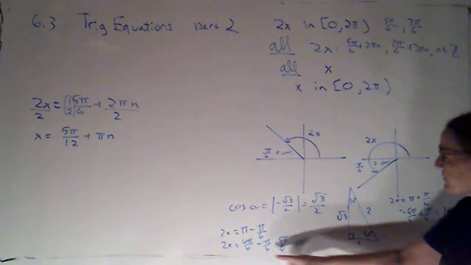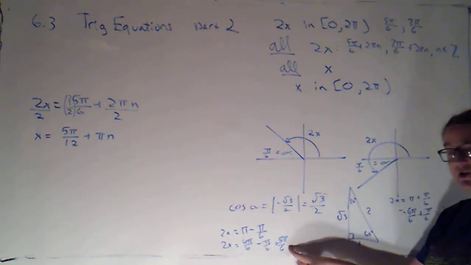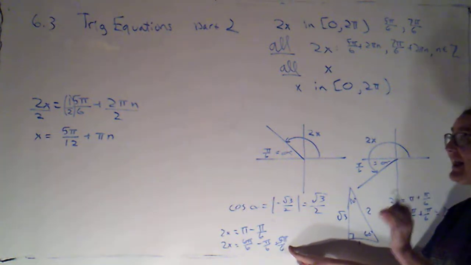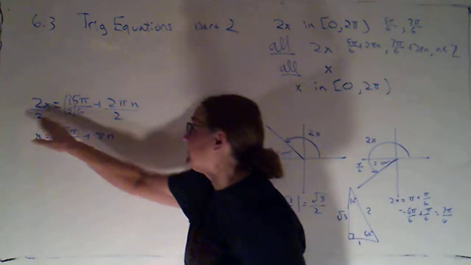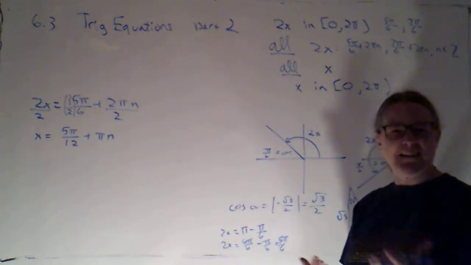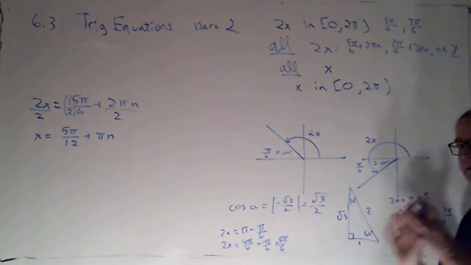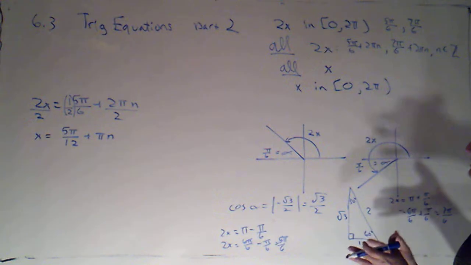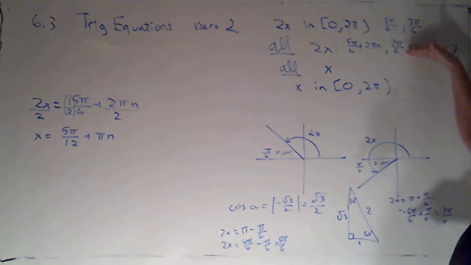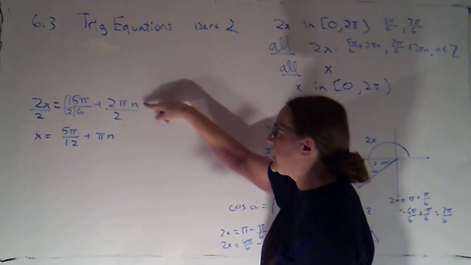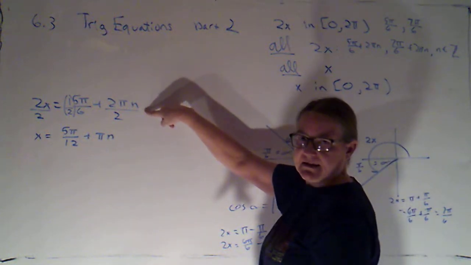Now, if you had preferred to divide by 2 here, and you remember that you're not adding 2 pi n, but that you've got to cut that in half as well so that you're adding pi n, that's okay. You don't have to do things in exactly this order. But this is a nice systematic way that I'm going to stick to, and by finding all of the 2x before I find all of the x, that just reminds me that the whole thing, in this case, gets divided by 2.